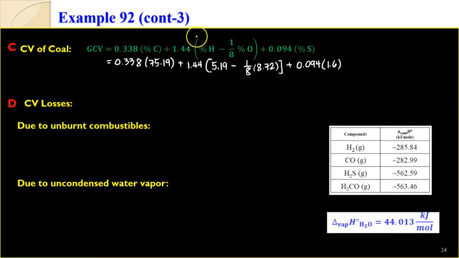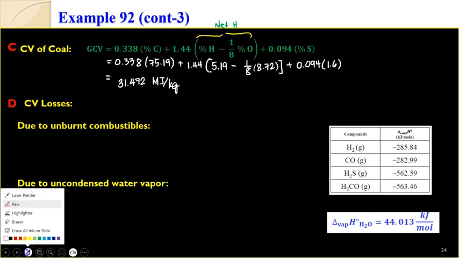Again, this one here is actually your net hydrogen. So that 1/8 there is actually the proportion of oxygen and hydrogen, so that's 2 for every 16 parts. So here, all in all, you'll have an answer of 31.472 megajoules per kilogram.